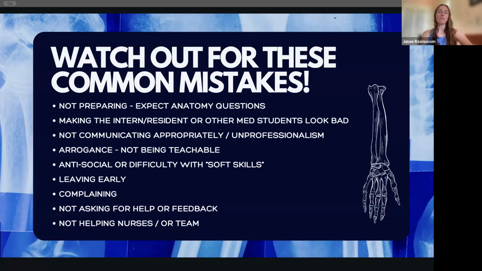And so another common mistake that I see is medical students that make the intern, the resident, or other medical students look bad. It is unfortunately something that can really deter your ability to get an interview. And some examples of this.